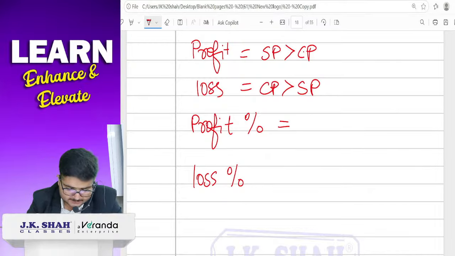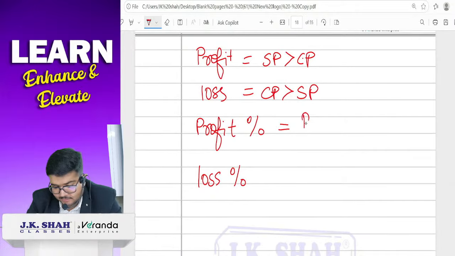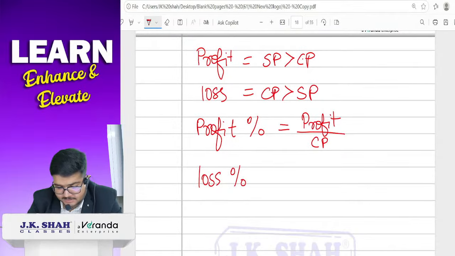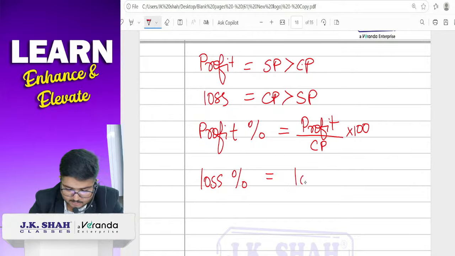Profit percent is profit only, but expressed in percentage. Now profit is always calculated on cost price. So profit upon CP, and because you are finding a percentage, always multiply it by 100. So profit upon CP into 100 is the formula for profit percent. Sir, what about loss percent? Loss is also always calculated on CP.